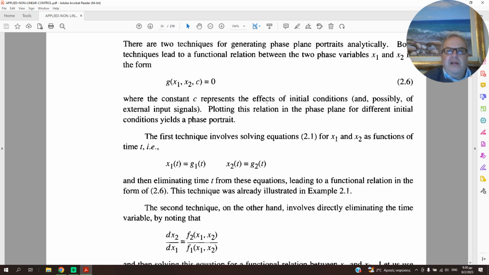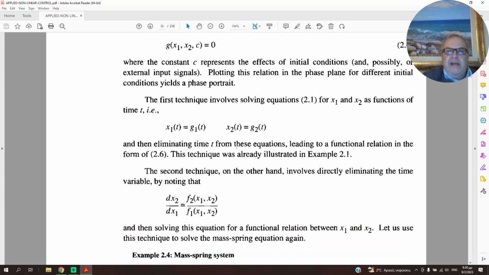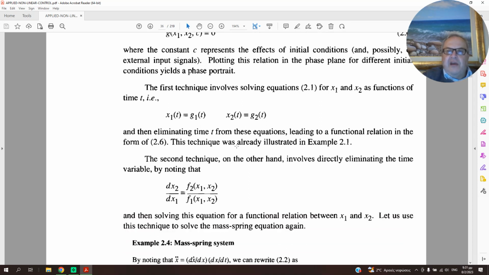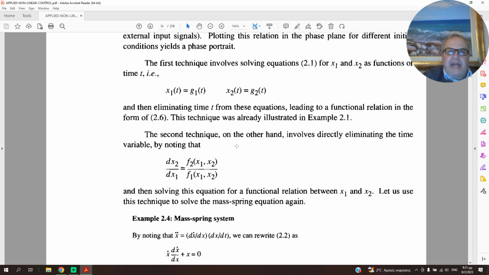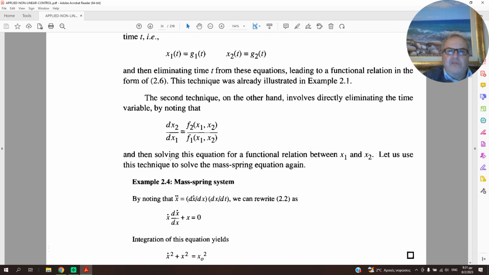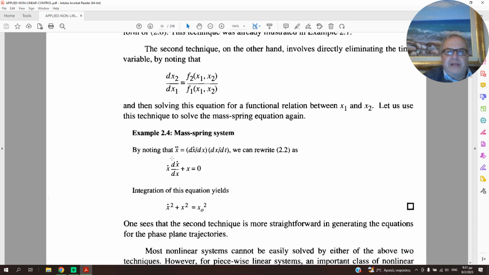This technique was already illustrated in the previous example. The second technique involves directly eliminating the time and then solving this equation for a functional relation between x1 and x2. Let's use this technique to solve the mass spring equation.